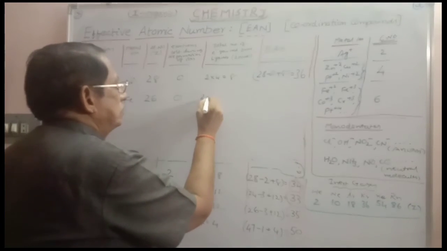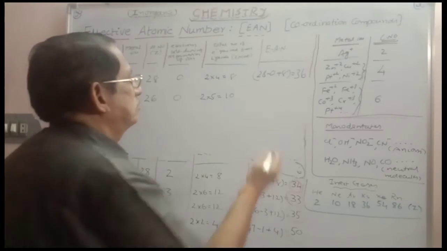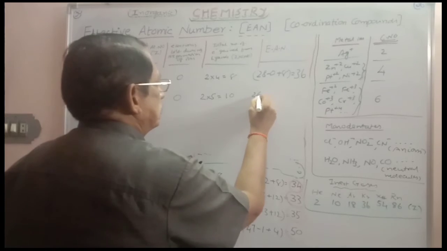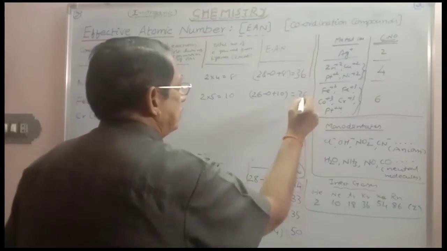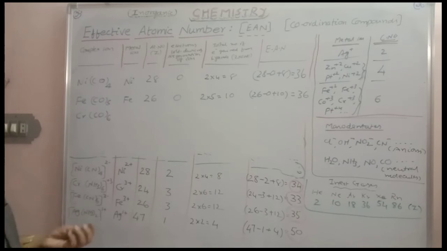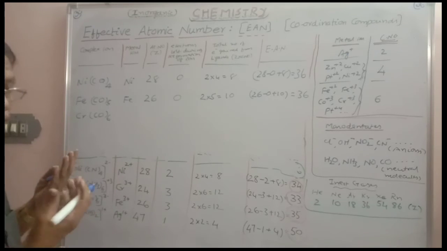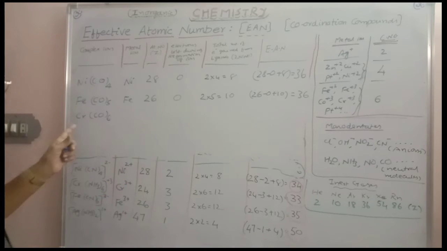So 2 into 5 is equal to 10. What is the effective atomic number? 26 minus 0 plus 10 is equal to 36 once again. You are getting once again the inert gas configuration. And that is why iron is able to take 10 electrons from neutral ligands like carbon monoxide. These are stable complexes, of course.